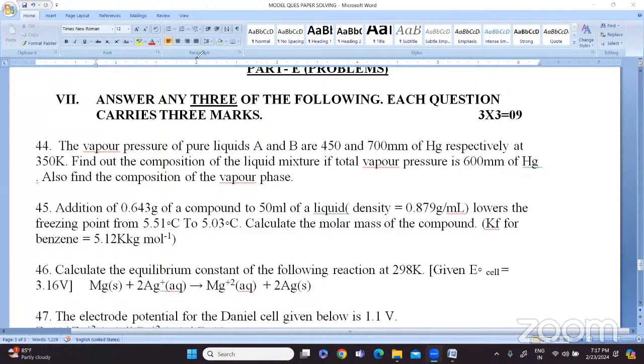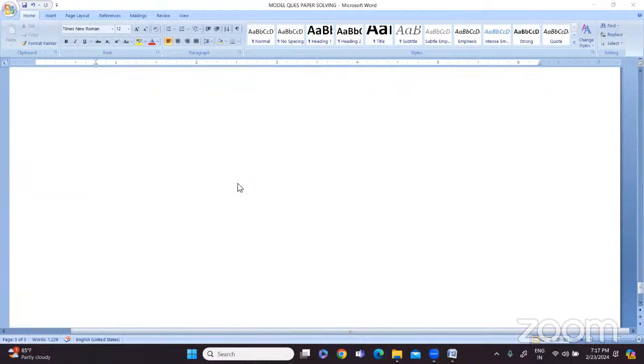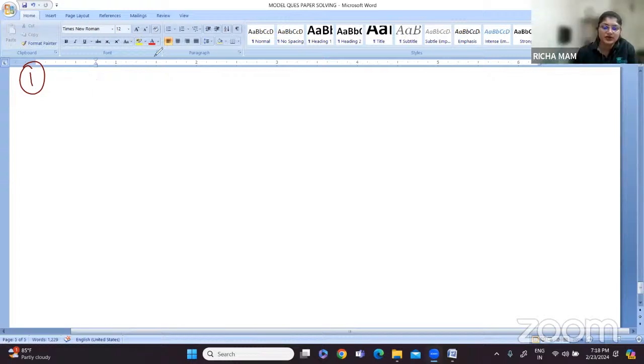I'll solve it here. First question. The vapor pressures of pure liquids A and B are given as 450 and 700 mm of Hg respectively at 370 Kelvin, 350 Kelvin, sorry.